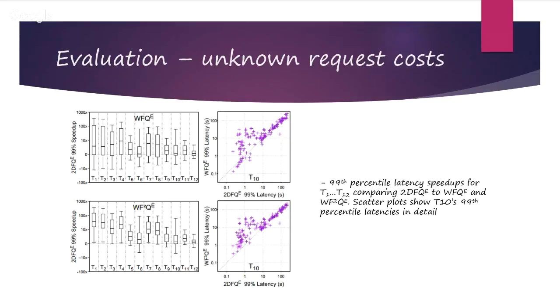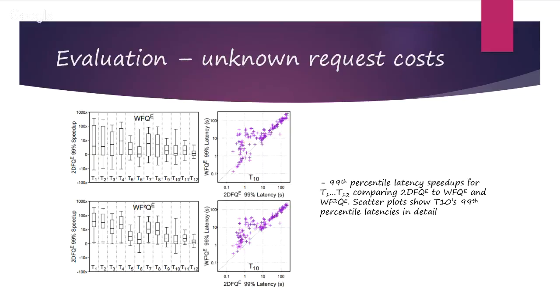The left picture plots the distribution of two-dimensional fair queuing's speedup over weighted fair queuing and worst-case weighted fair queuing across the experiment. Two-dimensional fair queuing significantly improves 99th percentile latency for tenants such as T1, whose requests are small and predictable.